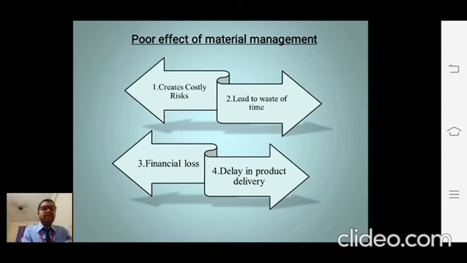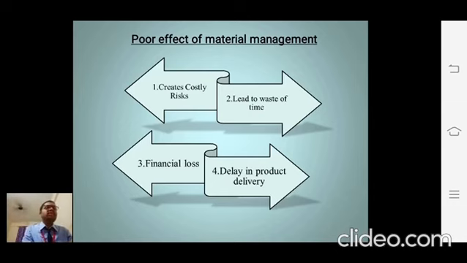And third one is the financial loss. This is the most important, and each and every businessman or organization should focus on this point: how we avoid the financial loss. Financial loss means how material management affects financial loss. So we have to manage the raw material, the purchased material, and the quality of material.